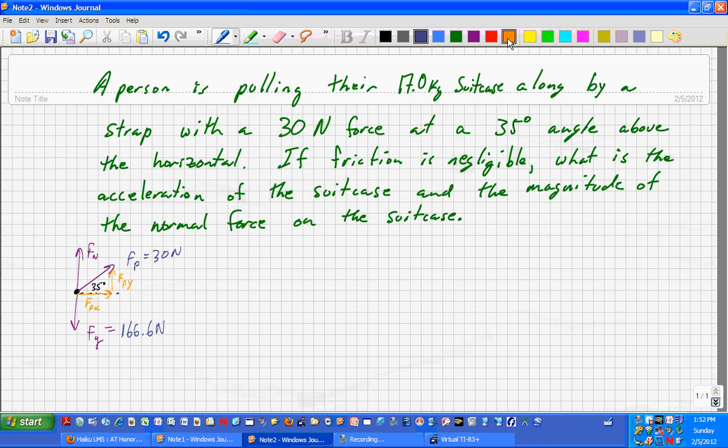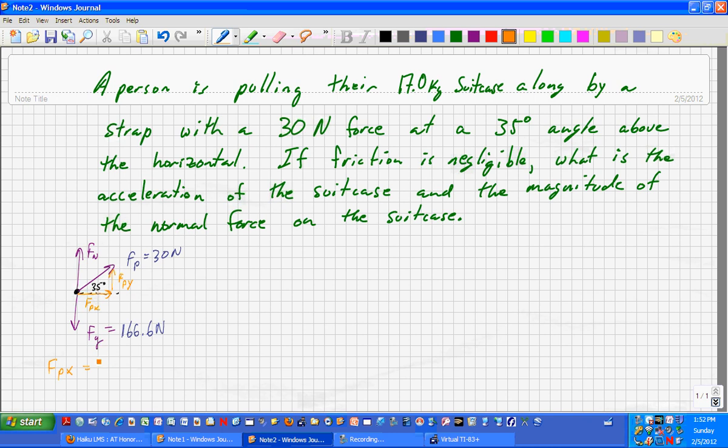The x and y components, let's do that off separate here. So we've got Fp in the x direction. That will be the adjacent, according to Chief Sokotoa. This is my adjacent. Here's my angle. Here's my hypotenuse. That 30 newtons is my hypotenuse.